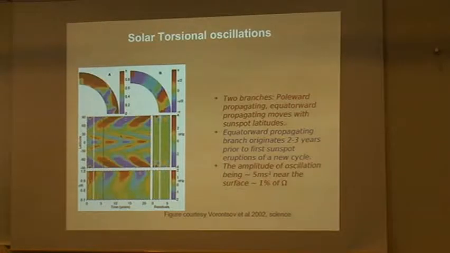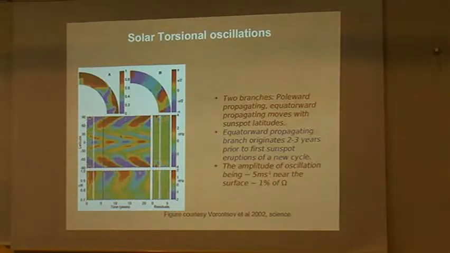Not much less, maybe 0.05. If you take a 20% difference in velocity between pole and equator, maybe it will be 1% of 20%. Of differential rotation? No, I'm not talking about differential rotation. I'm talking about actual rotation. It's simple to calculate. We've got 2 kilometers, the rotation of the equator.